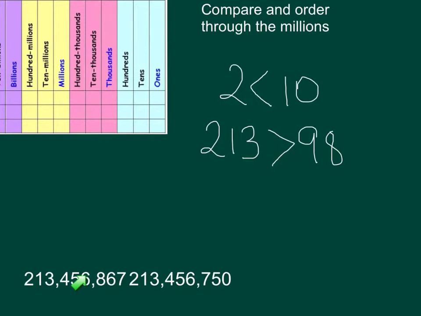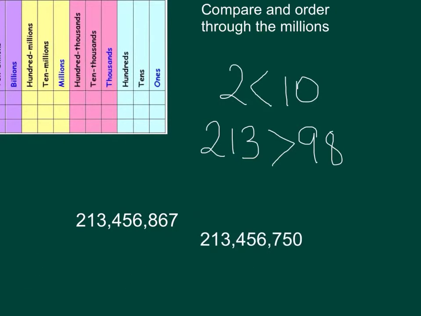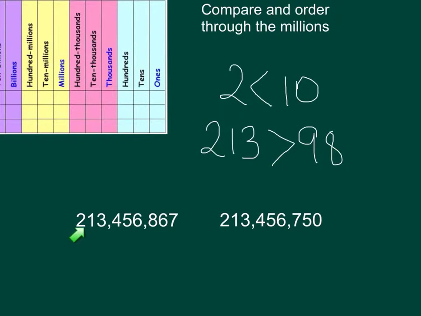However, if we have a bigger number, such as this number and this number, let's say the number together, 213,456,867, and we want to compare it to 213,456,750.